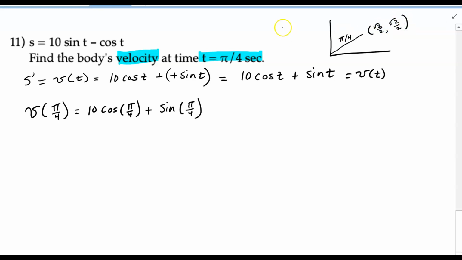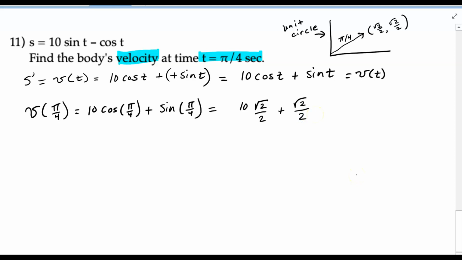So you might want to review your unit circle, and you'll figure out those trig values there. So this one actually becomes really simple when we substitute. We end up with 10 times the square root of 2 over 2 plus the square root of 2 over 2.